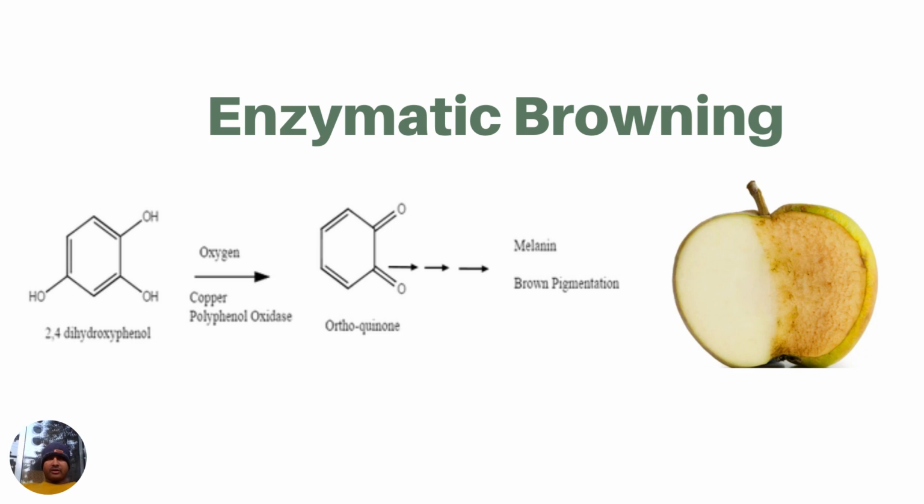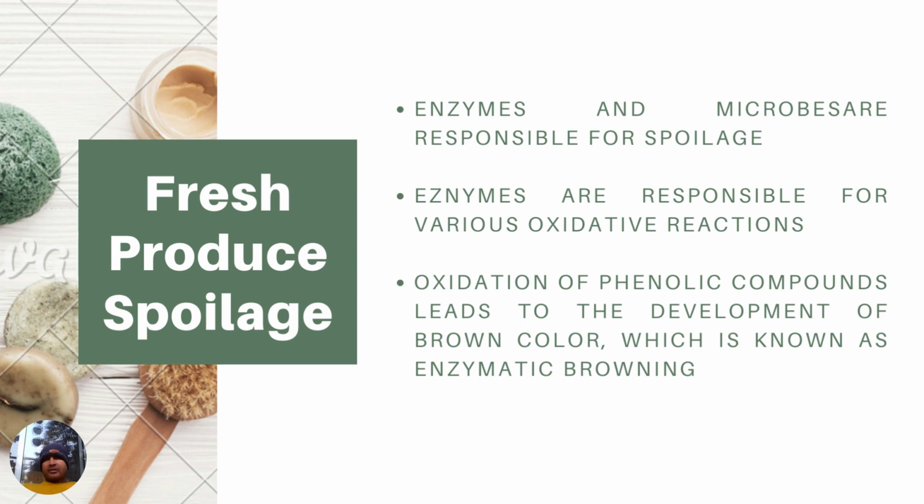So the dihydroxy polyphenol is converted to orthoquinone, and further oxidized to melanin, and that melanin is responsible for this brown color. This is the problem associated mostly with fresh produce and any kind of fruits or vegetable extract or any kind of juice or fruit based beverage you can consider.